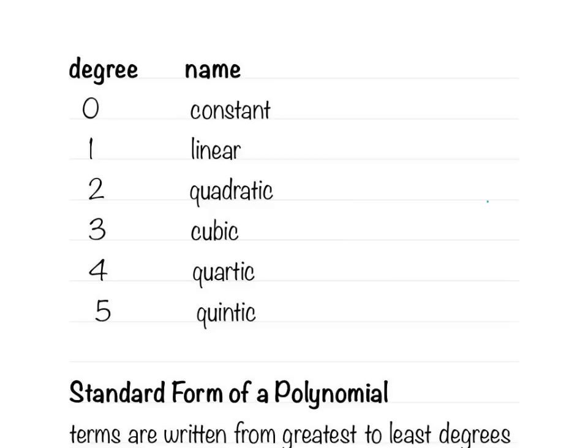A degree of 3 is cubic. A degree of 4 is quartic. A degree of 5 is quintic. After 5, we just call it 6th degree, 7th degree, 8th degree, etc. You can hit pause to go ahead and finish writing your notes.